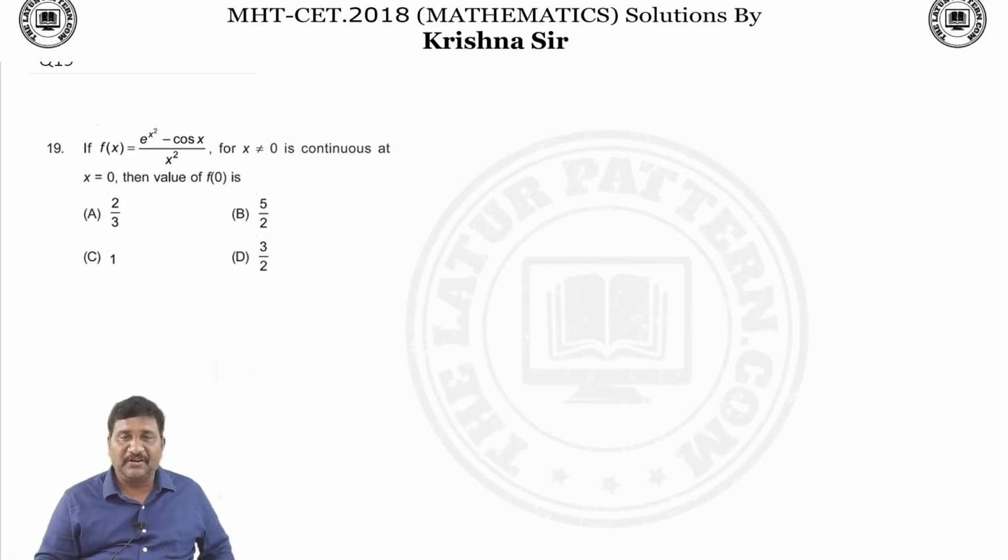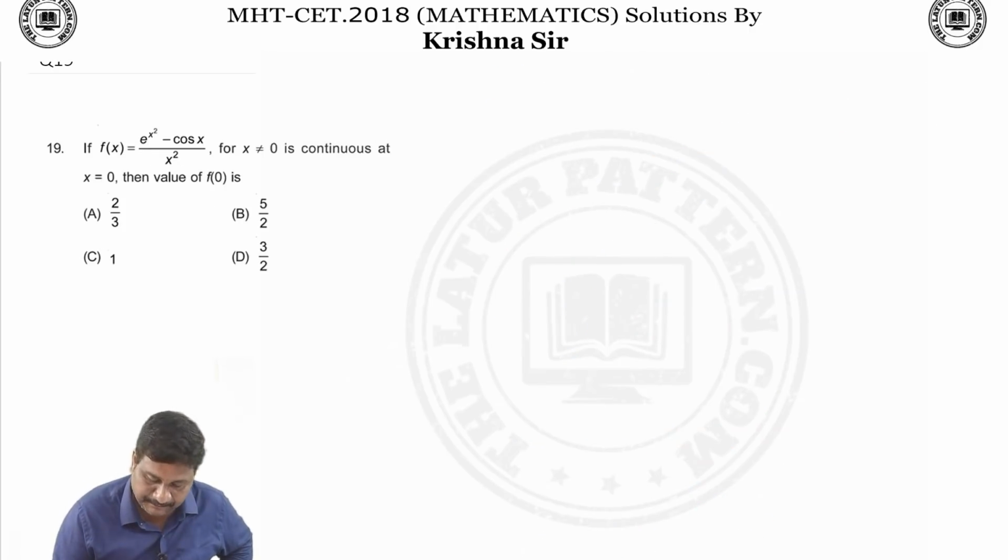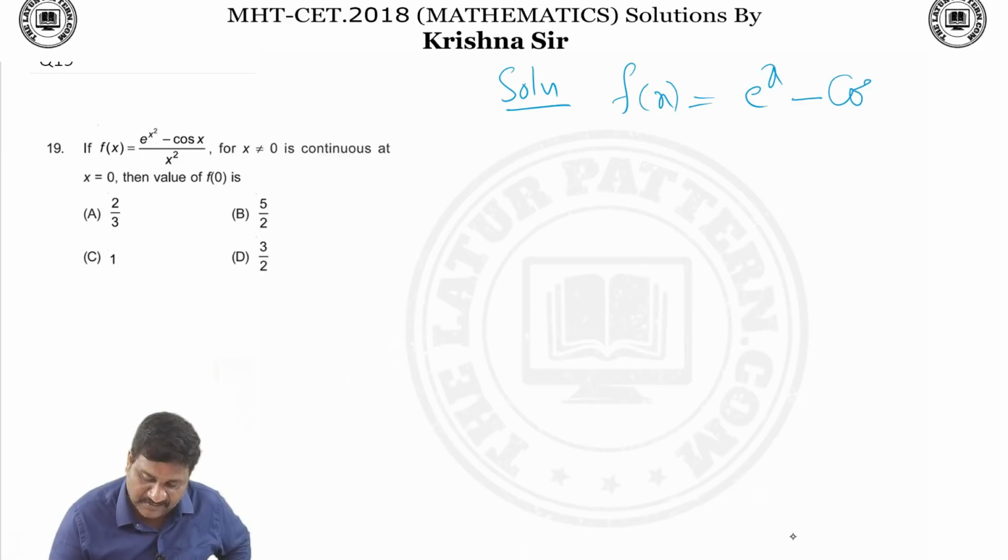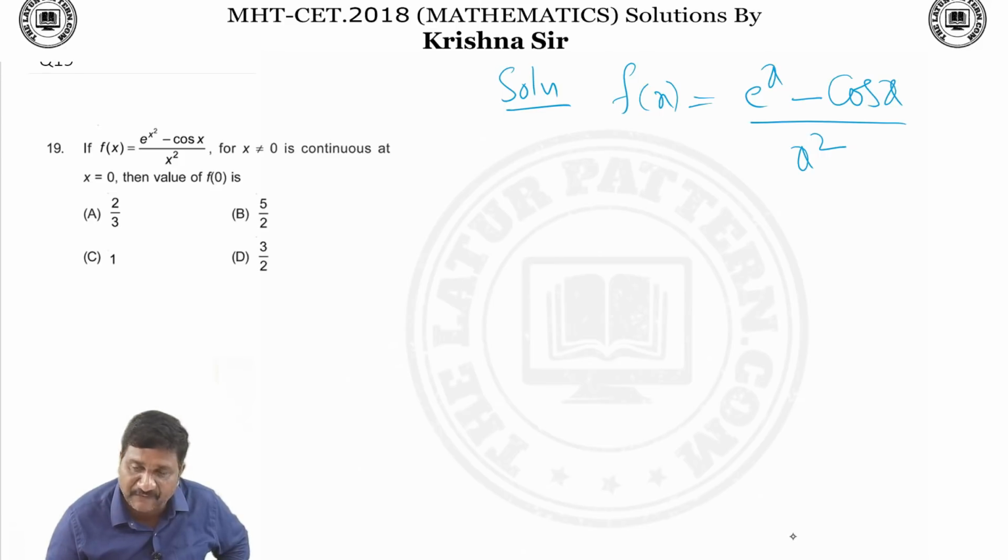So the solution of question number 19. Given f of x is equal to e raised to x square minus cos x upon x square. Now it is continuous at x equal to 0, then find f of 0.